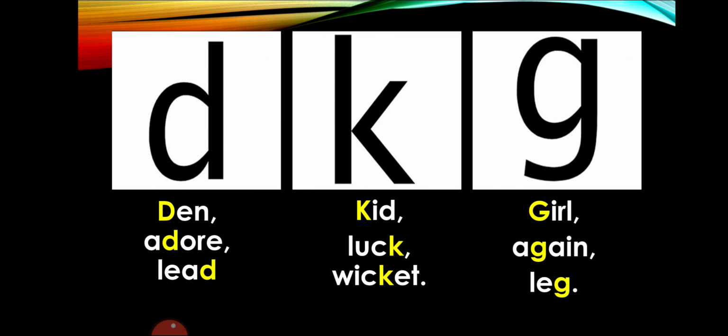And the next sound is D, just like den, door, lead. The next sound is K, just like K in kid, luck, wicket.